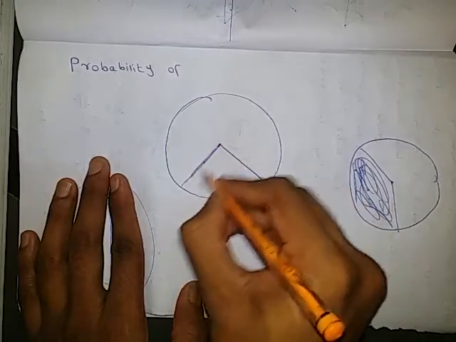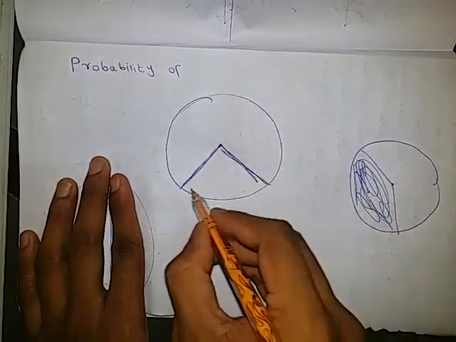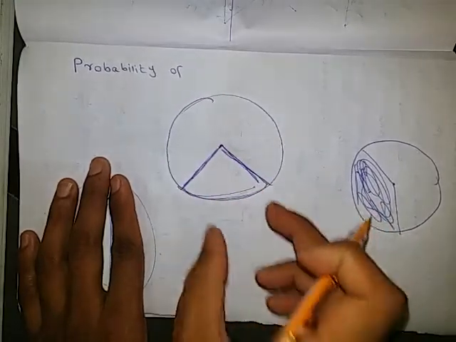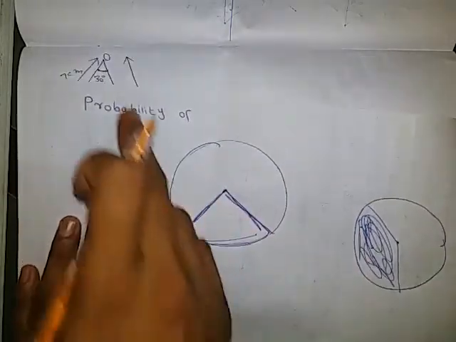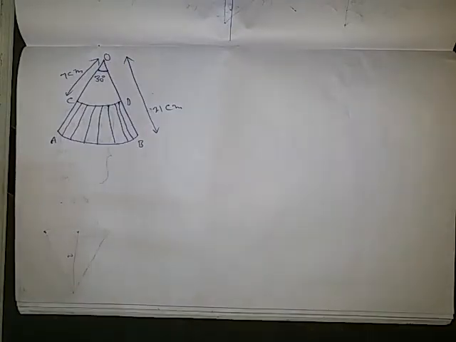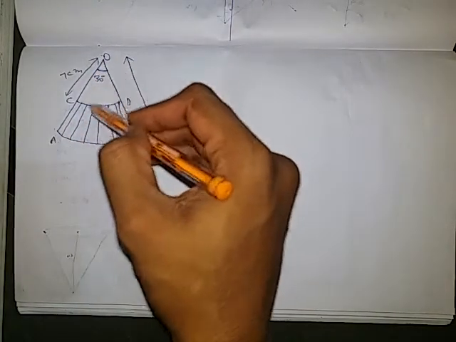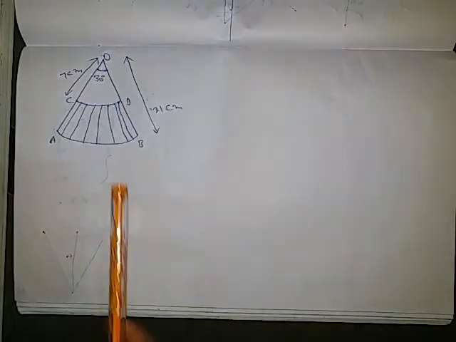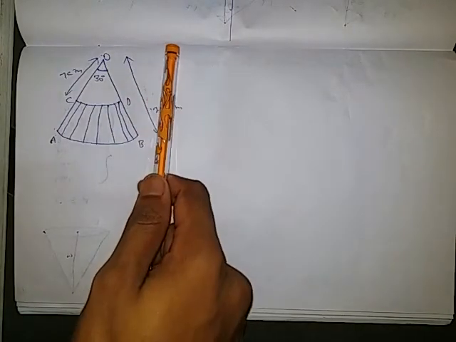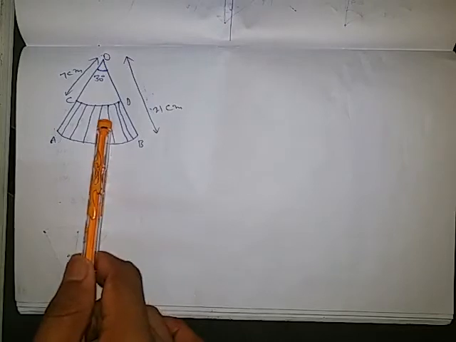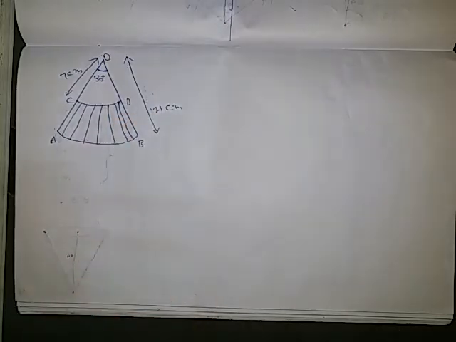Now this part is there, sector, this is a sector. Now this part alone he is drawing here, bigger one. So we have 2 sectors here, one is a bigger sector and one is a smaller sector. So bigger sector minus smaller sector will give the area of this shaded part.